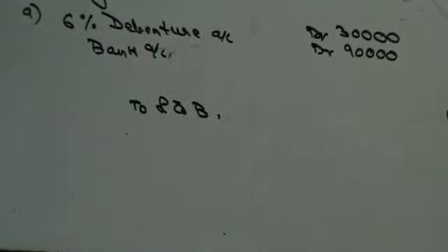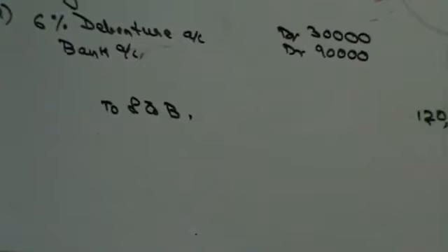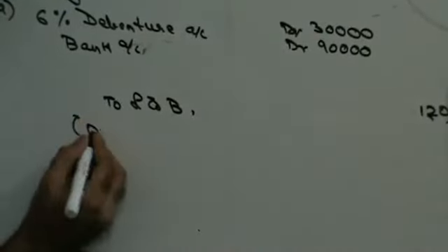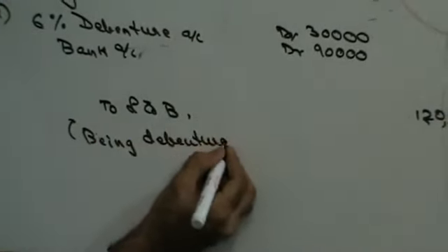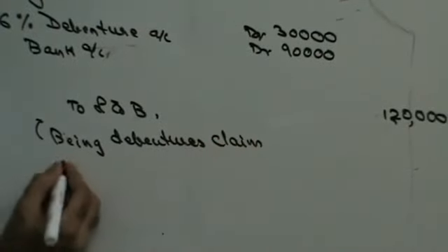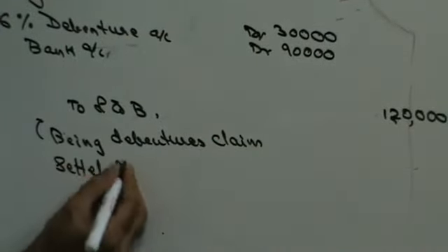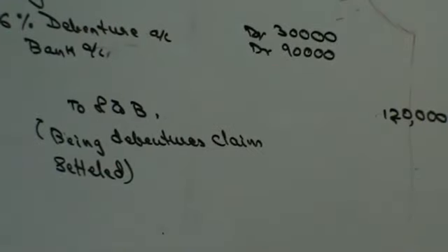Being. Let me see the entry, guys. They are saying that 1,20,000 is the debenture holders they are taking over land and building for, and arrears of interest paid, that I'll do.